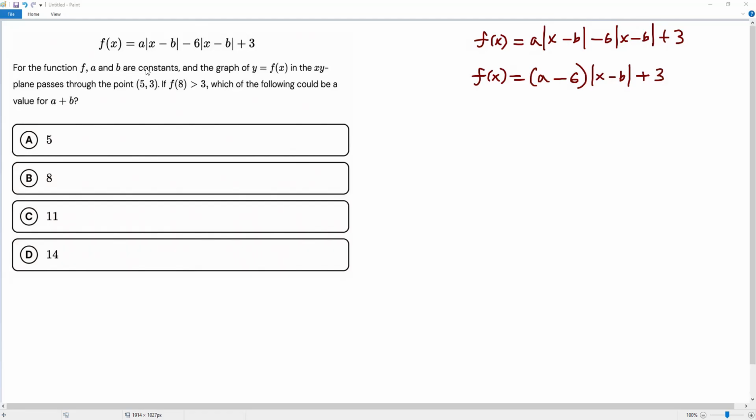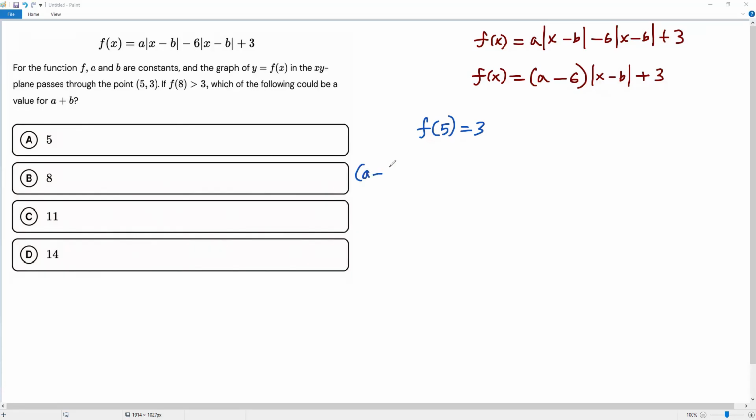Okay, now let's consider this point. The graph of the function y = f(x) passes through the point (5, 3). That is, when the value of x is 5, the y-coordinate is 3, that is, the value of the function is 3. So we can write f(5) = 3. To get f(5), we have to plug in 5 for x here, because this is what we have for f(x).